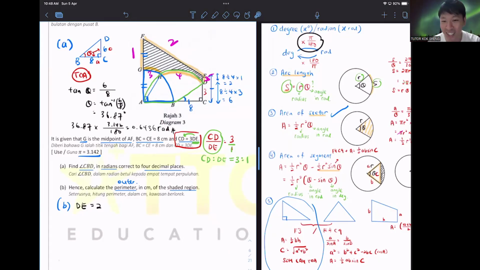Same thing for number 4, HD. Not the whole green color, so it's only finding until here, H, B, D. This part only.